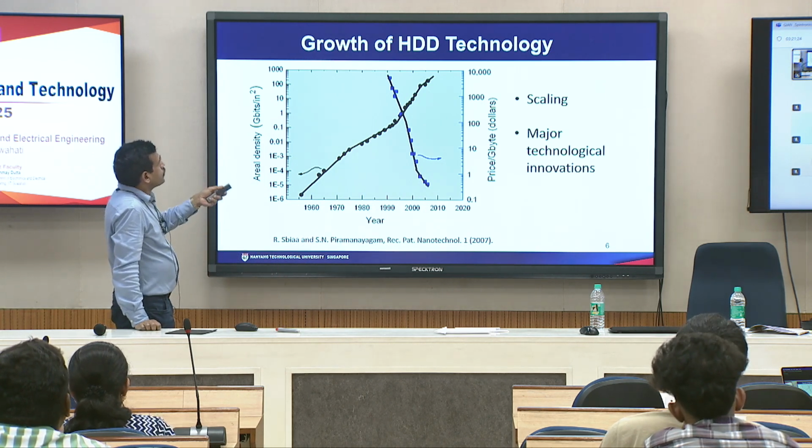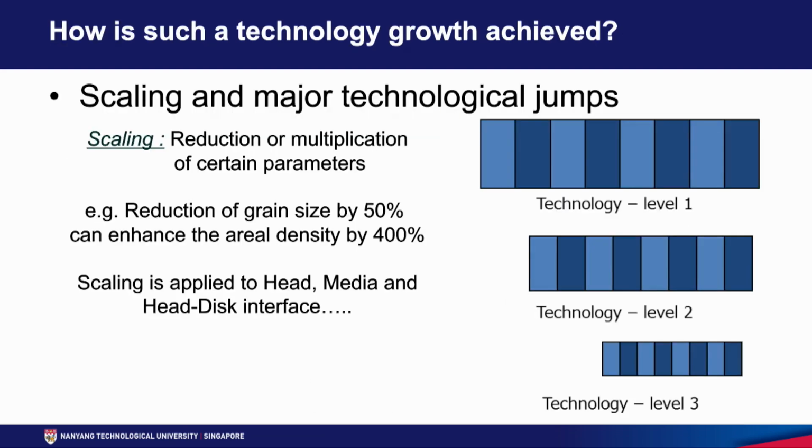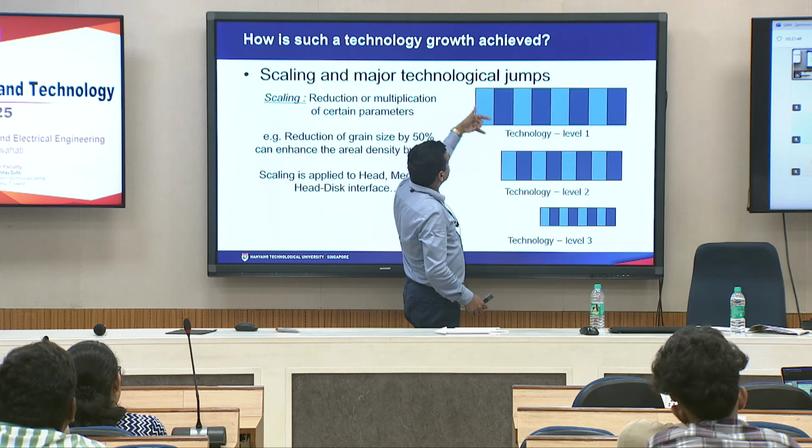This kind of growth happens in two ways. One is called scaling, another one is called major technological jumps. When we say scaling, what we mean is, let us say these are the bits of technology in the 1980s. So, the bits are this length and this wide.